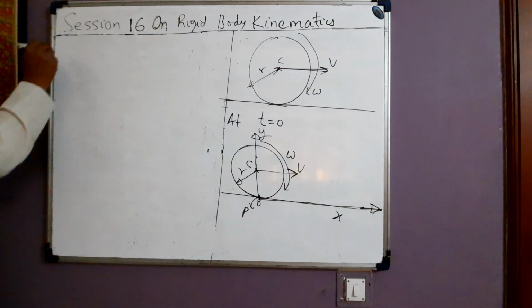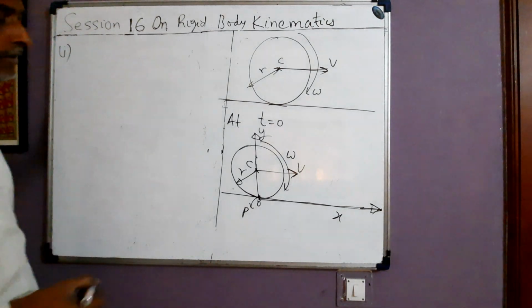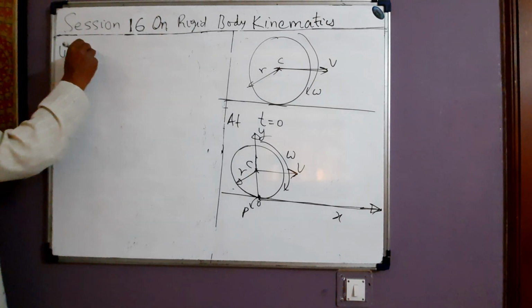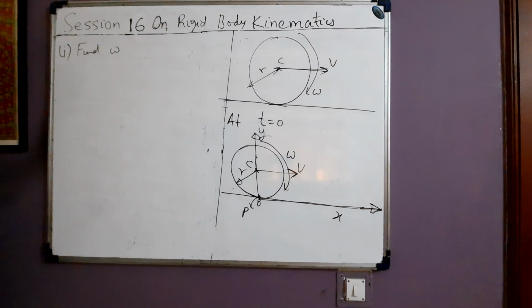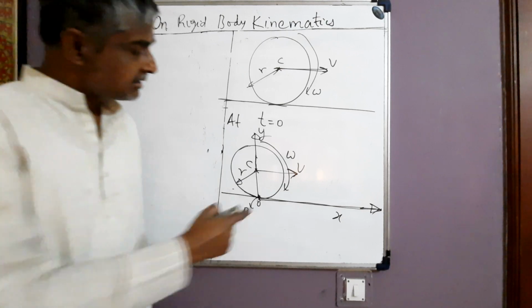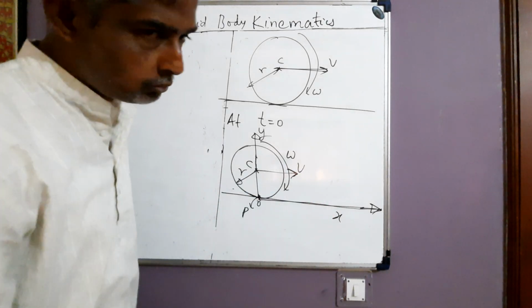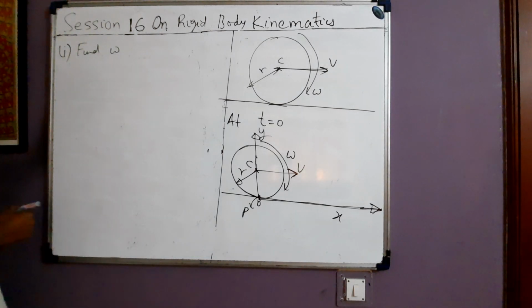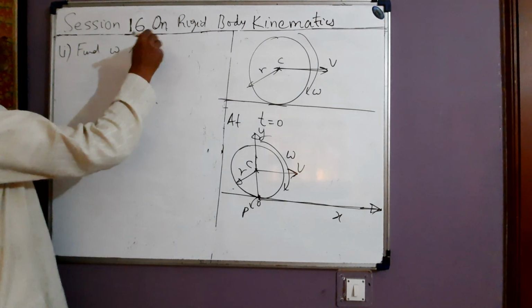So the first thing is this. Find the angular speed omega of the drum in terms of V and R. As discussed previously, V equals omega R with the pure rolling condition.